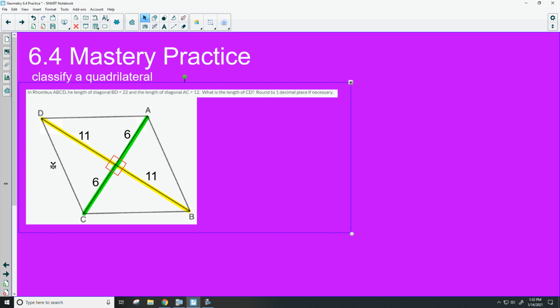So if I want to find x, if you look at this triangle here, D to the center to C and back, this triangle over here is a right triangle. Let me draw it.